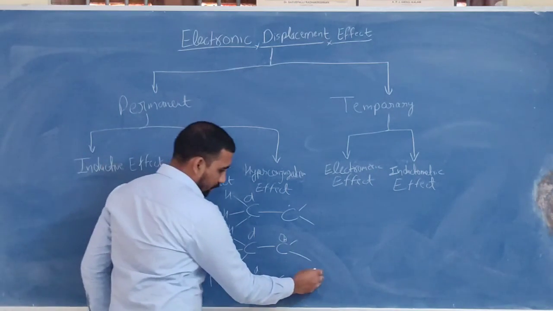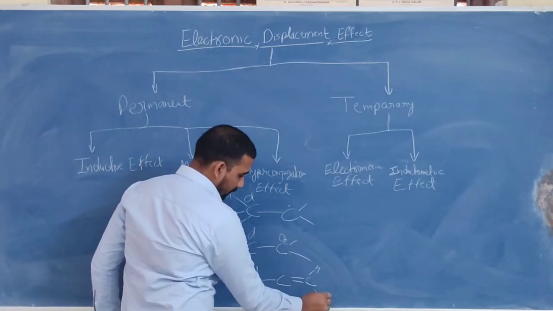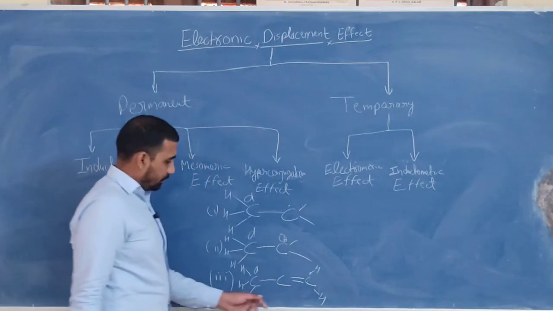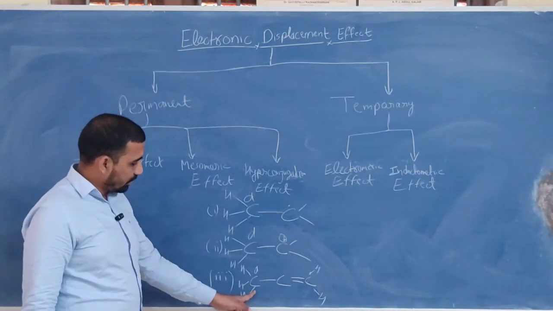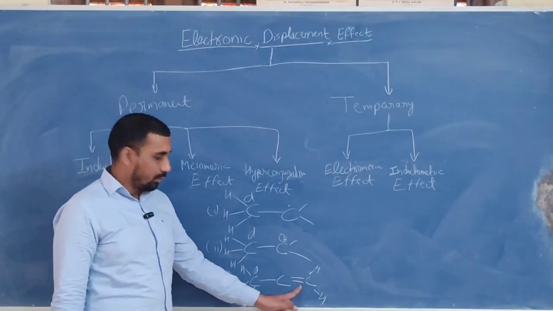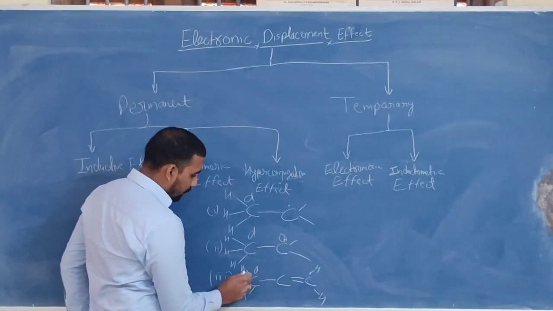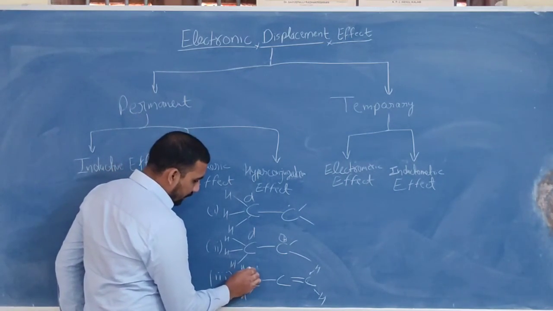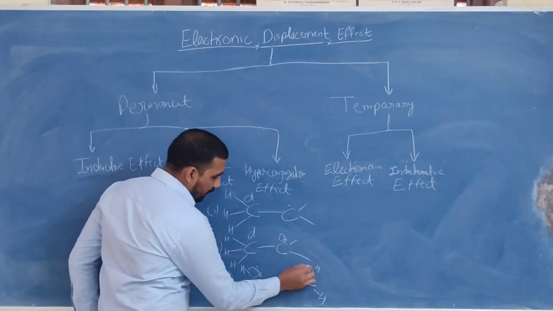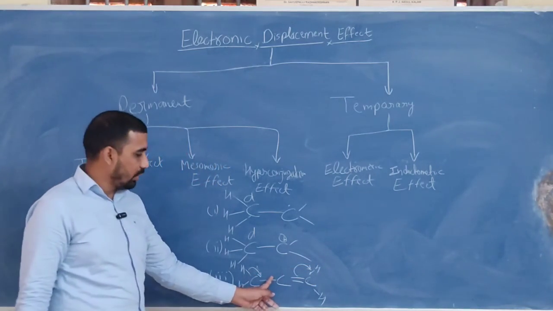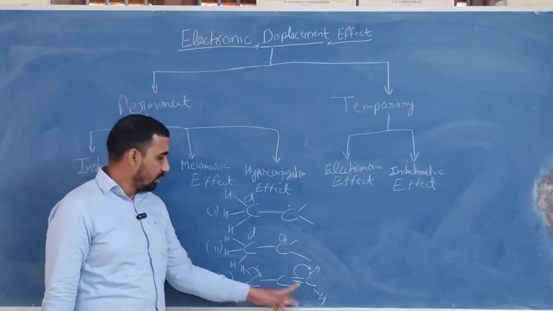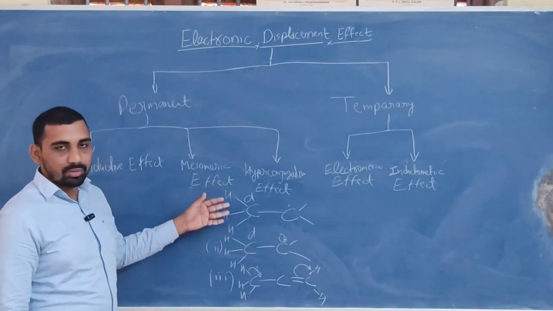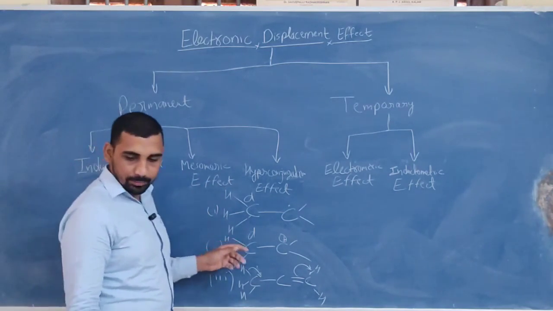Here also we should satisfy that valency. Now in the pi bond, what will happen? This hydrogen bond will break like this, and this will break like this. Then a double bond will form here and a single bond here. In such cases, hyperconjugation will take place.